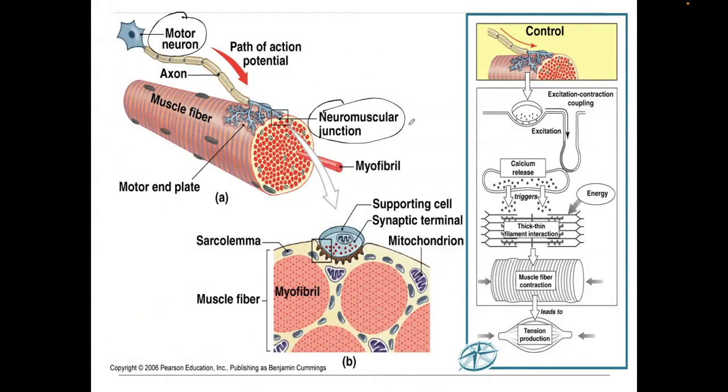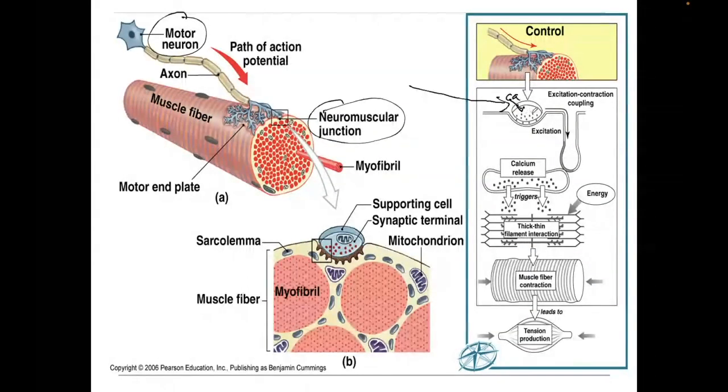So what's happening at that neuromuscular junction? Right here, this is going to be the synaptic end bulb. We're going to have calcium that comes in. It's going to allow the acetylcholine to enter the synaptic cleft.